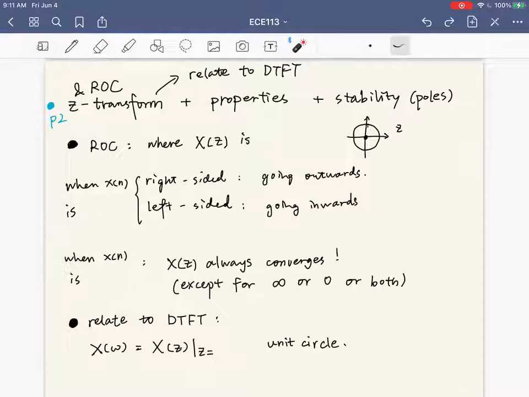Okay. So we discussed the Z transform and its important partner, the ROC. So let's do the exercise about the concept. The ROC is where X(z) is finite, and finite basically means it converges.